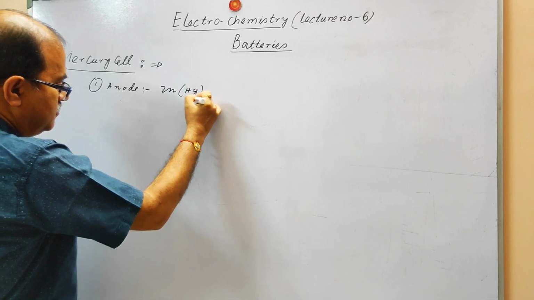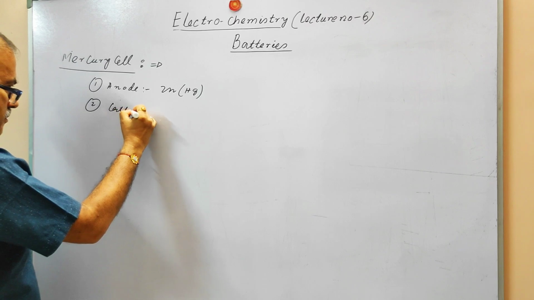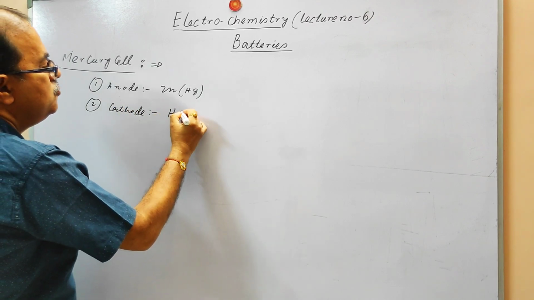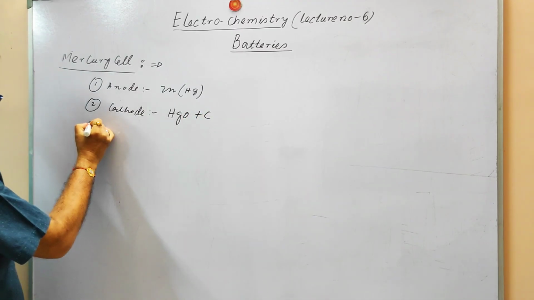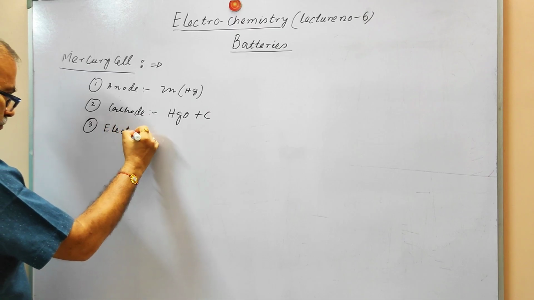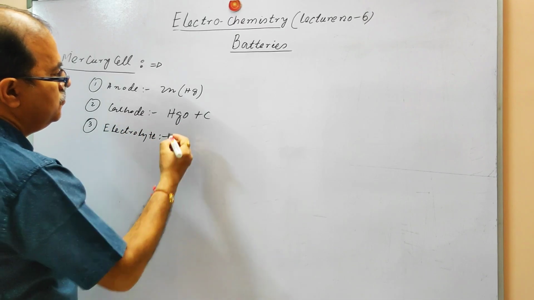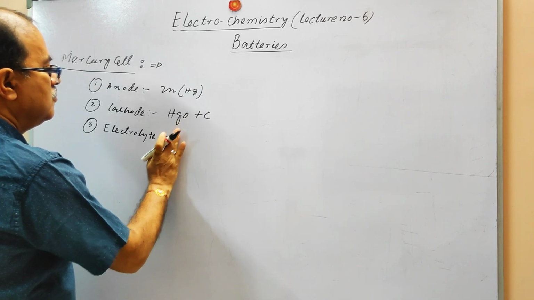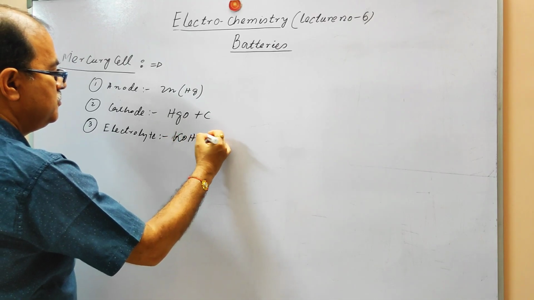The cathode is AgO plus carbon dust. Number 3, electrolyte. The electrolyte used here is KOH paste. KOH paste is the electrolyte.